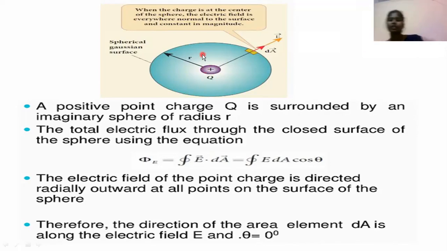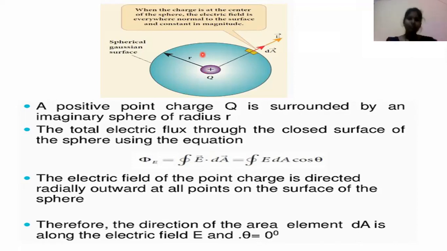Why a Gaussian surface and what a Gaussian surface is, I'll explain a bit later in the next slide. I can just quickly tell you that Gauss law says phi is equal to integration E dot dS equal to Q by epsilon. So the flux is related to the surface around where the charge is present.